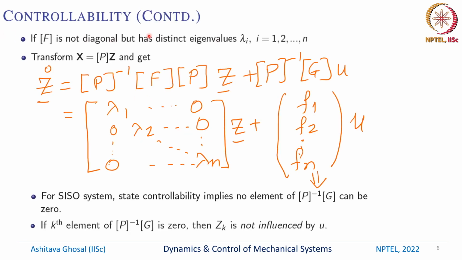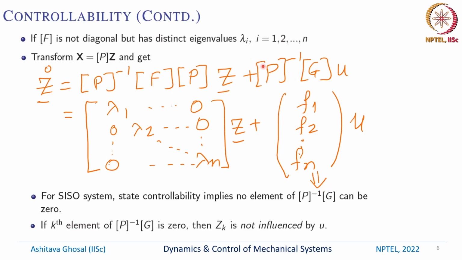If F is not diagonal but has distinct eigenvalues lambda i, i equals 1 through n, then we can transform the state equations using x equals Pz, and we have done this before. I can write the state equations as z dot is equal to P inverse F P z plus P inverse G u, where we have a diagonal matrix lambda 1, lambda 2 all the way till lambda n, and all other elements are 0, into z, plus P inverse G, which we can write as some f1, f2, fn.